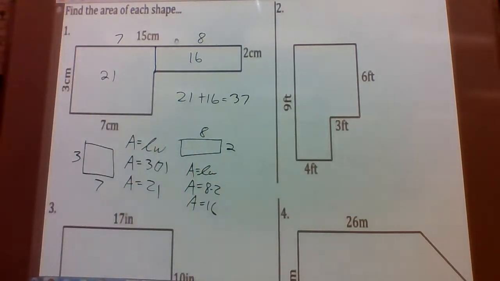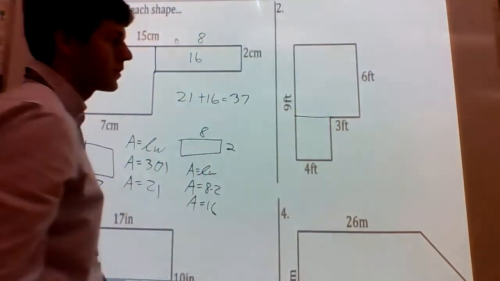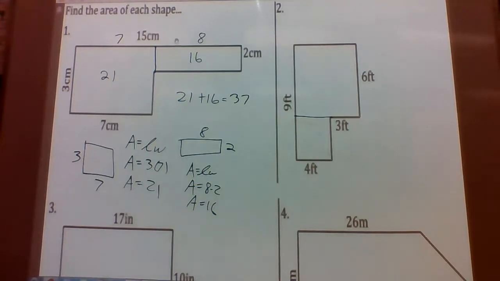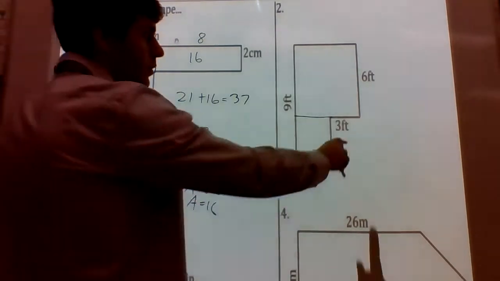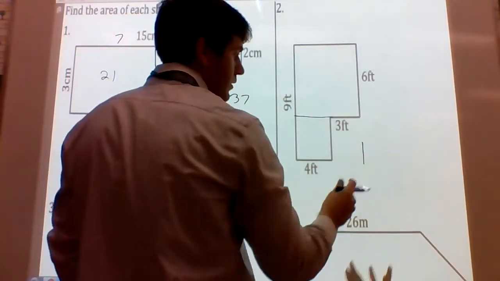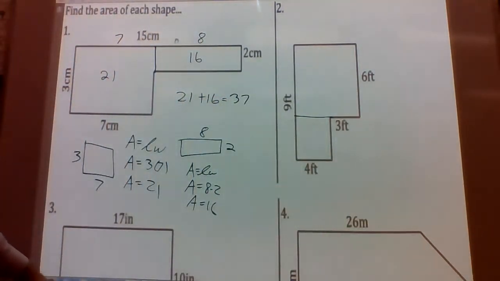At number 2, we're also going to break down into two different rectangles. So our first rectangle has a width of 6. If we redraw it, well, we'll draw it after. Let's figure out all the pieces first.